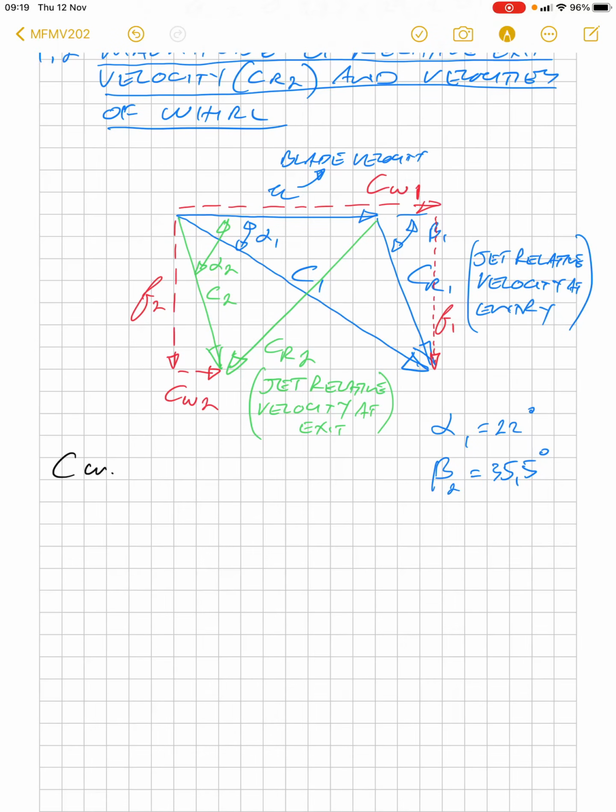Alright, so CW1 is C1 cos alpha, is 29,12 cos of 22 degrees. CW1 will be 27 meters per second.